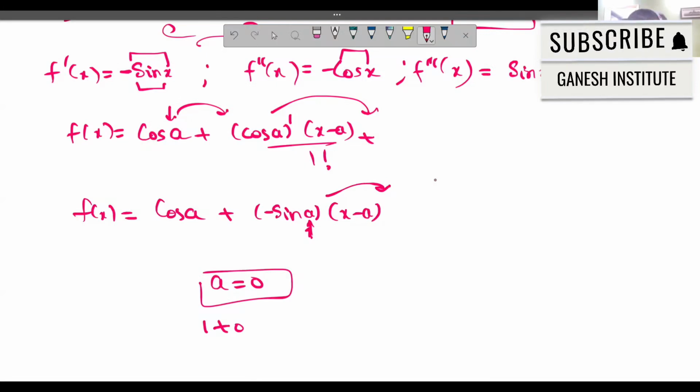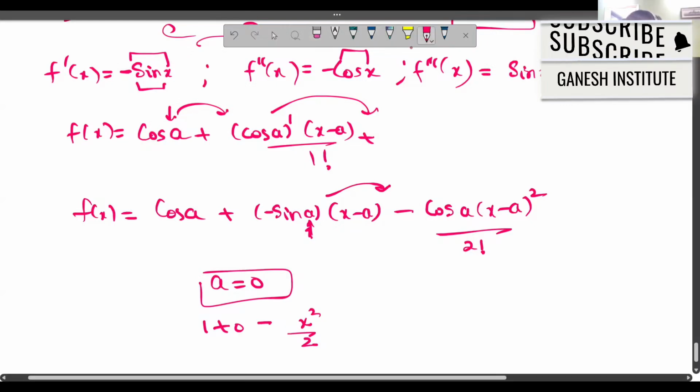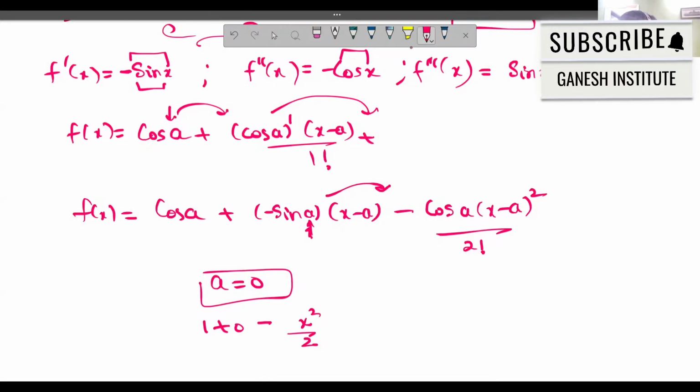F double dash is sin x, so sin x is again 0. What we are doing, f double dash is minus cos x. So that would be minus 1 into minus cos 0, x minus a, x minus 0, that would be 1 into x square divided by 2 into 1.